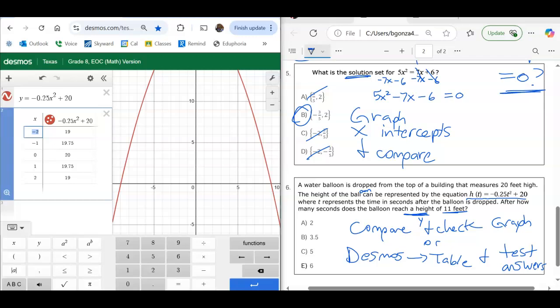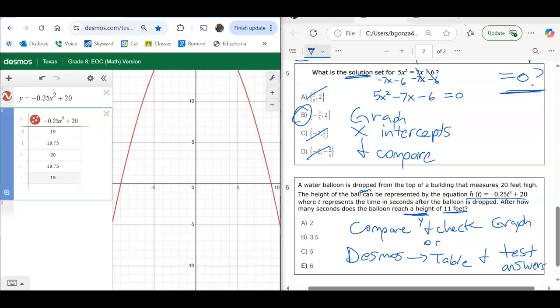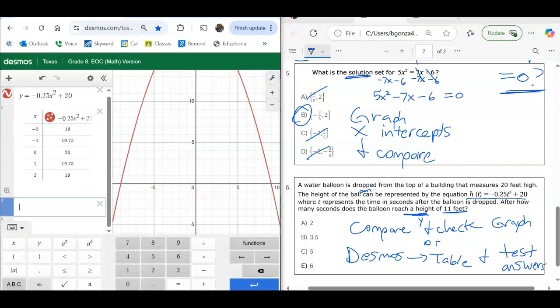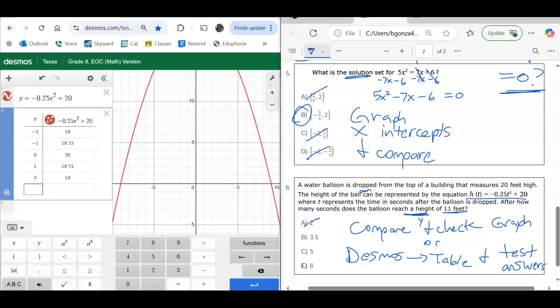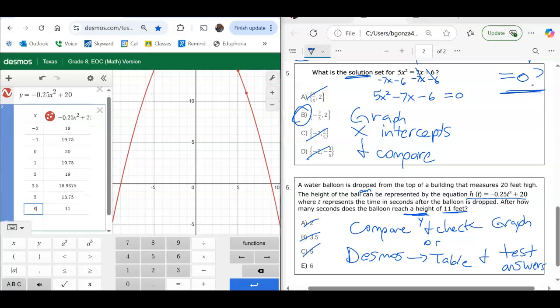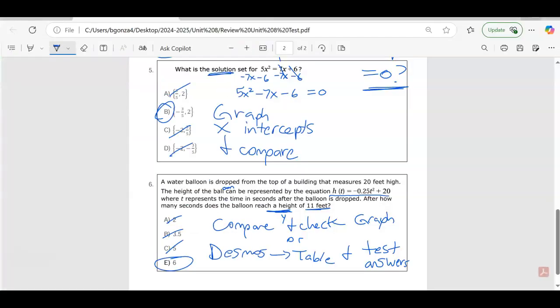Now, 2 gives me 19 feet. That's not it. Let's try 3.5. 16.9, that's not it. Let's try 5. 13.75, that's not it. Let's try 6. 11. If you replace t with the number 6, you would end up getting 11. So you can do it looking at the graph, testing it in the table, either way. That's how you do number 6.